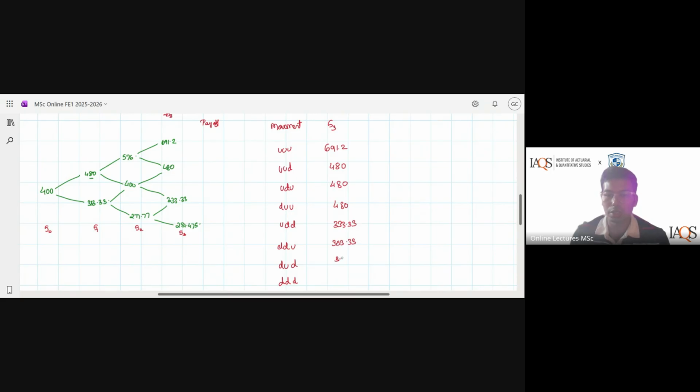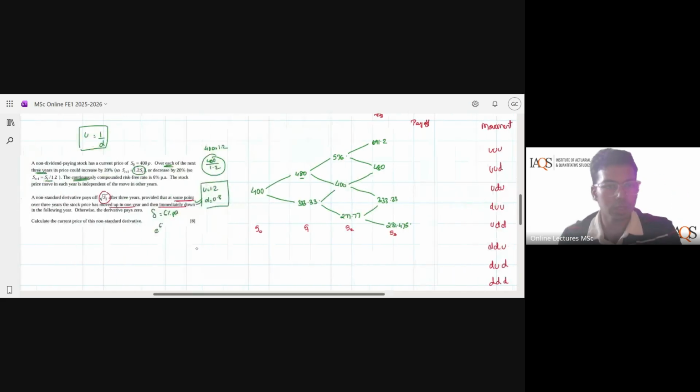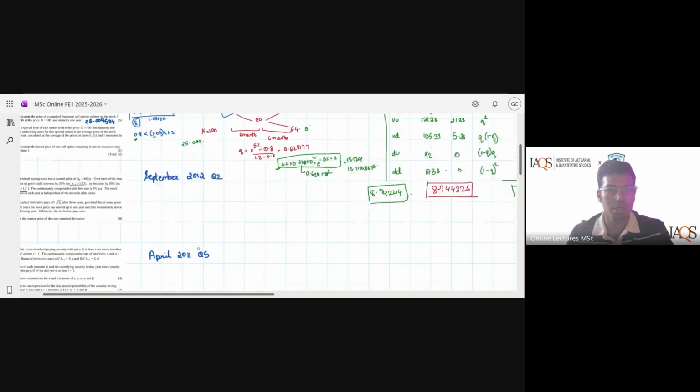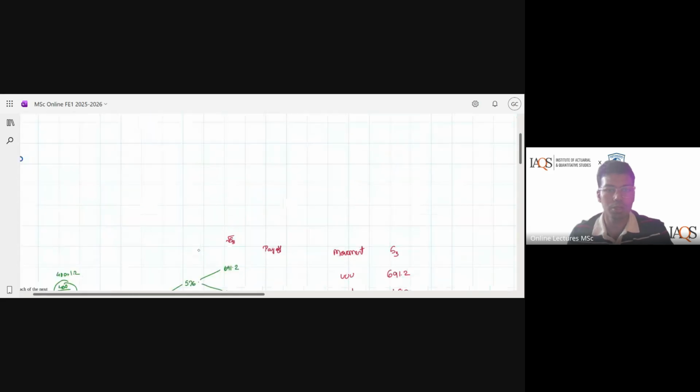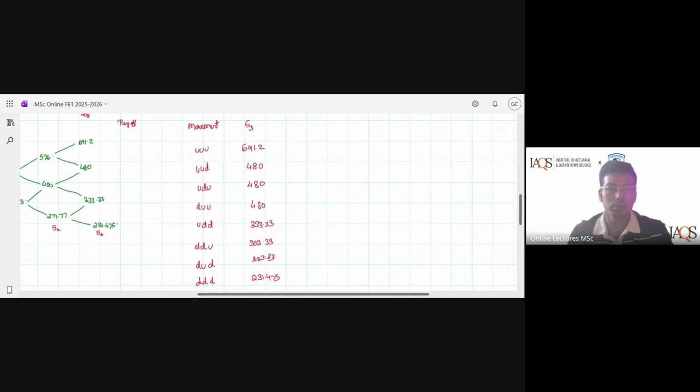And finally, in all three down moves, you've correctly told me it's 231.475. So question. Just a second. Let's put the 2012 question. Cool. Copy this down. Let me know once done.